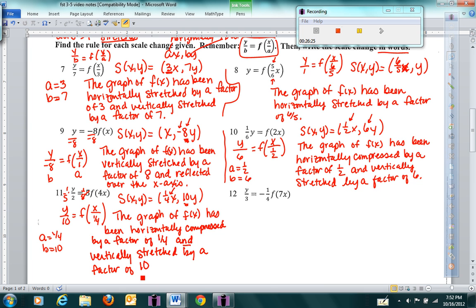Okay, what do you notice that's wrong on number 12? Well, on number 12, we need to get rid of that, don't we? Now we might have a little trouble getting rid of it, but let's multiply both sides by -4. So that's going to give us -4y over 3 is equal to f of 7x, right?